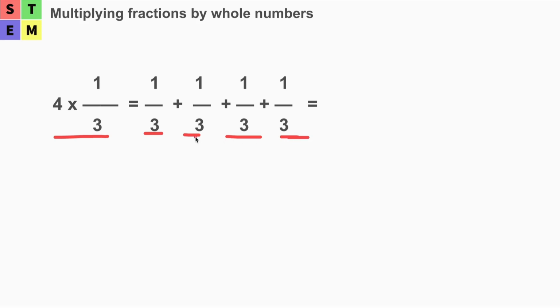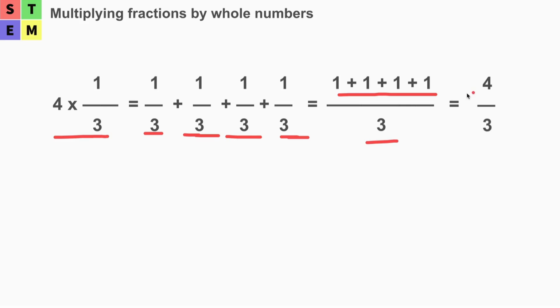So we add these 1 over 3s together, and that equals 1 plus 1 plus 1 plus 1 over 3, right? So 1 plus 1 plus 1 plus 1 equals 4. So that's why we got 4 over 3. So that's one method we can use to solve this calculation.